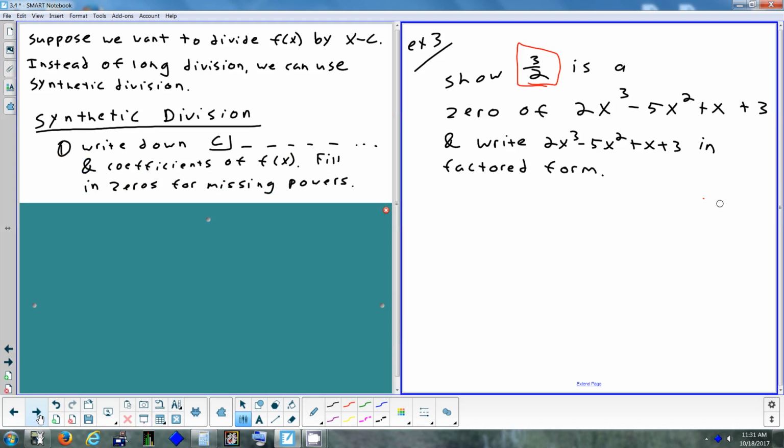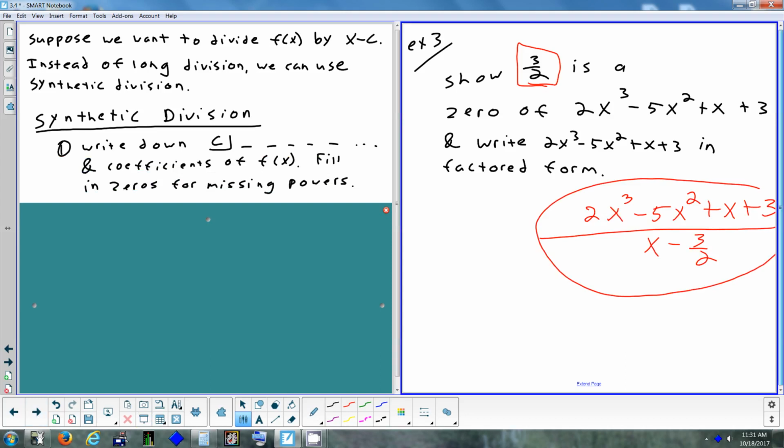So the first step is kind of similar to yesterday. Let me write down what we're doing. We're going to divide that original by x minus 3/2. This is what I'm about to do.